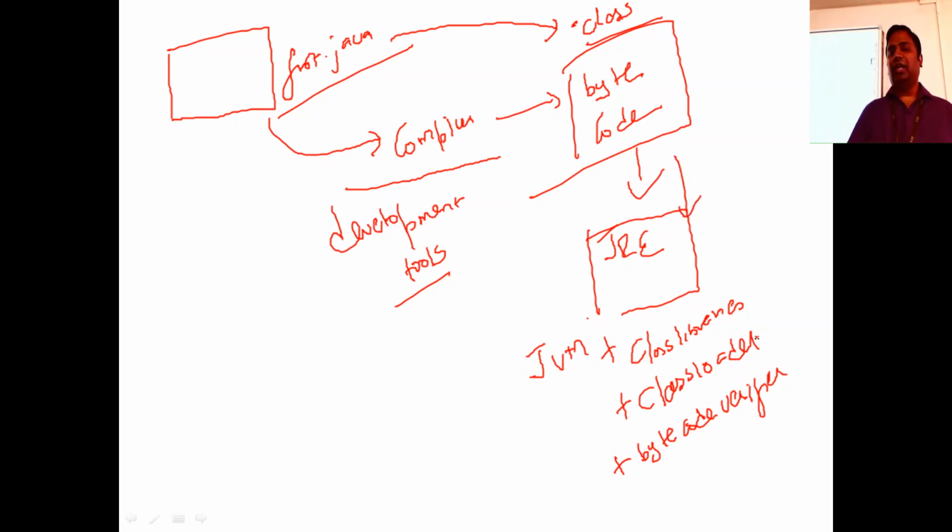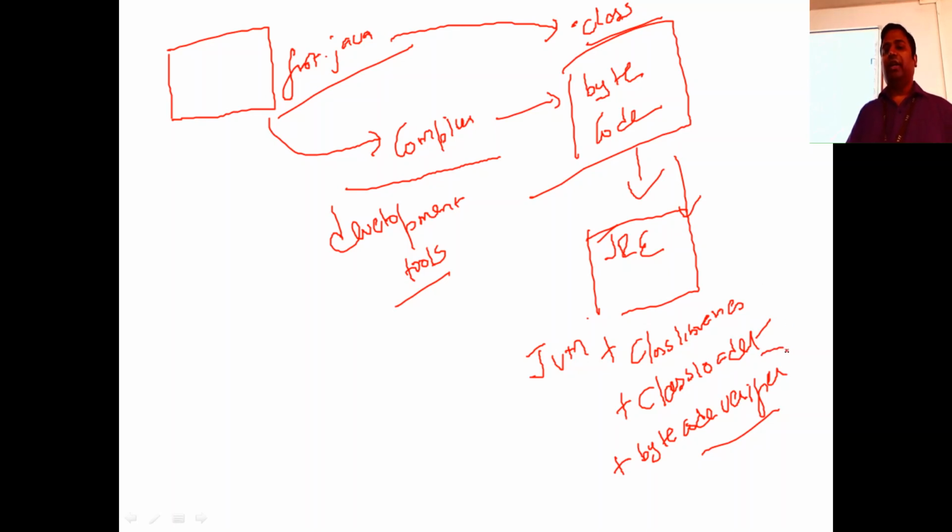First, the class loader loads this class file into memory. Loading the class file into memory is the class loader's work. The bytecode verifier verifies whether the bytecode has any security vulnerabilities or security issues. That is the role of the bytecode verifier.